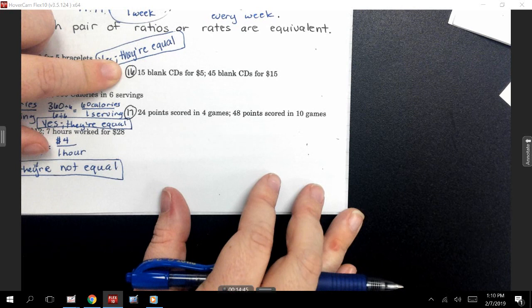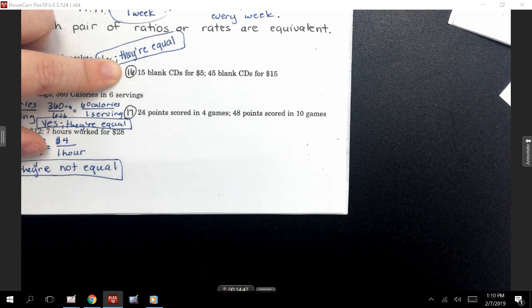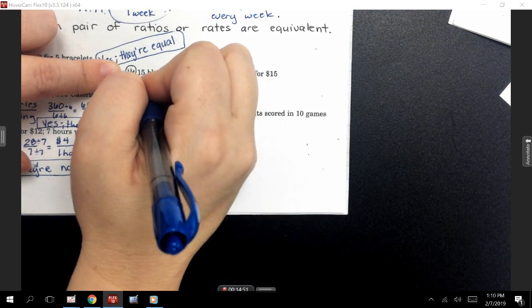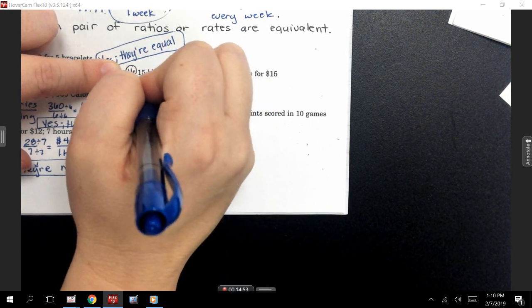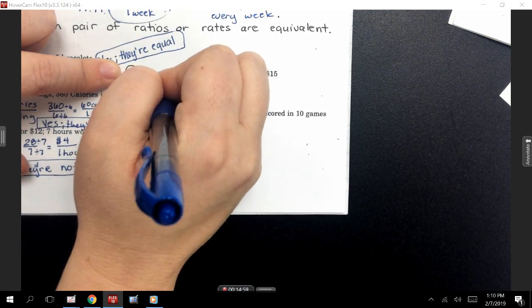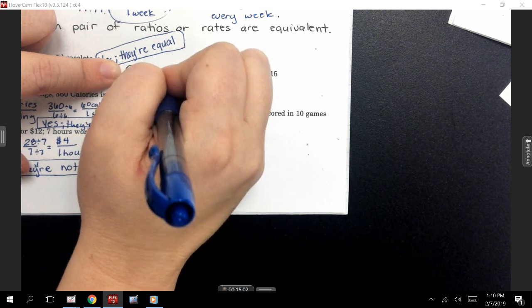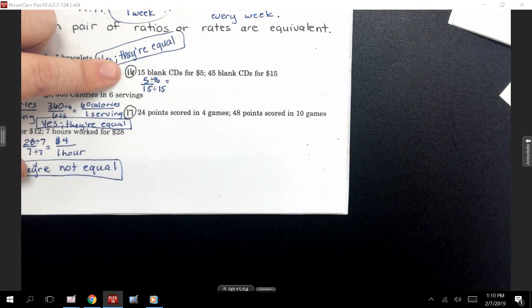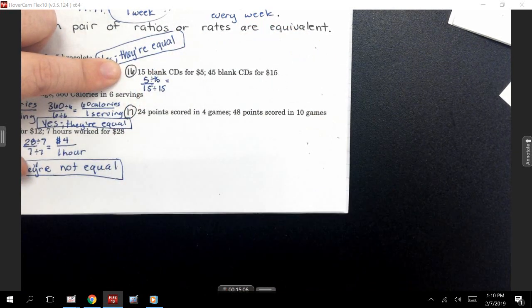It says 15 CDs for $5, 45 CDs for $15. Set up my first one, Jose. 5 over 15, making sure to put that money on top. What am I dividing by here, Davis? 15. What do I get as my ratio, Carlos? 3. Close.